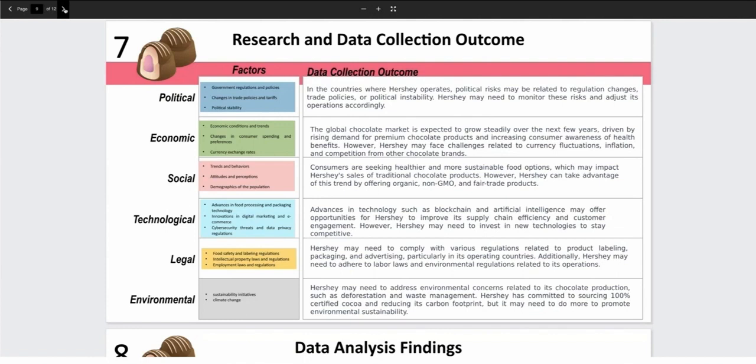So the outcome of your research for the PESTEL analysis for the political branch is the one that I just read. Another example is the outcome of your research for the legal branch in your PESTEL analysis, for factors such as food safety and labeling regulations, which is the following. Hershey may need to comply with various regulations related to product labeling, packaging, and advertising, particularly in its operating countries.